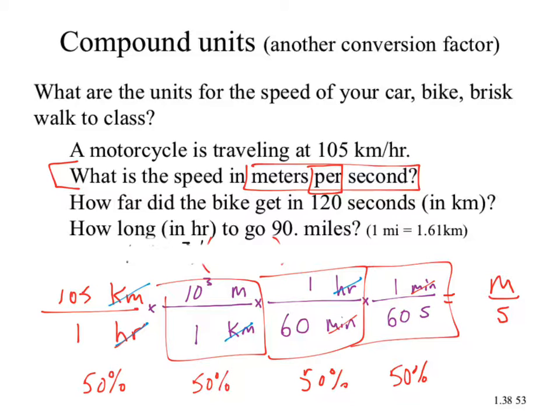The only reason why I stick to 10 to the third is that what I have you do is memorize kilo is 10 to the third, centi is 10 to the negative second, milli is 10 to the negative third. So if we keep it as a power of 10, it's consistent. Okay? If we start shuffling it and saying, well, that's 1,000, then centi is 0.01 and milli is 0.001, and I don't want to deal with that.